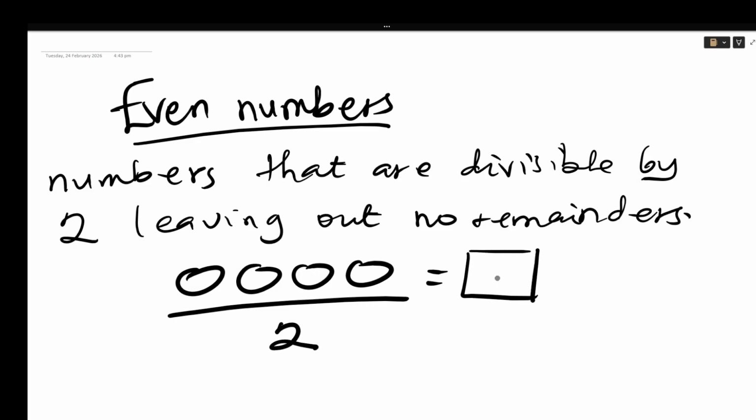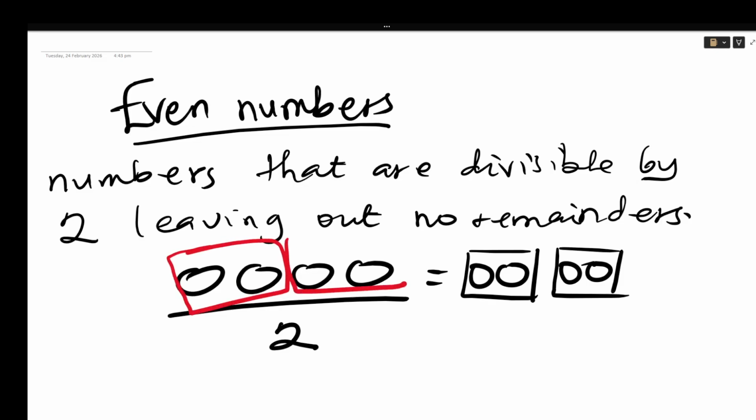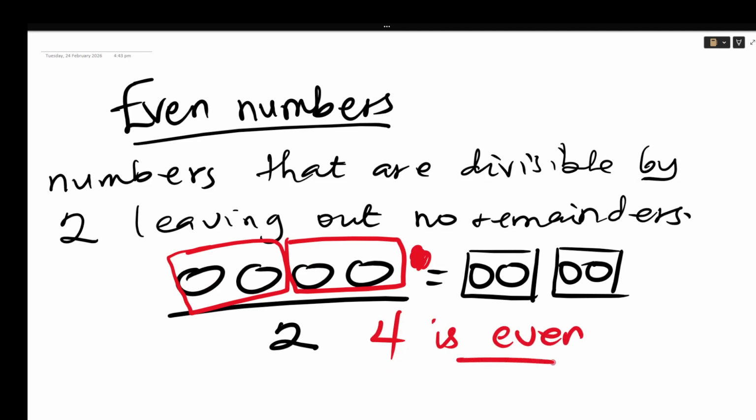The first person has 2, and the second person also has 2. We group them in twos, and there is no remainder left. So we can say 4 is an even number.